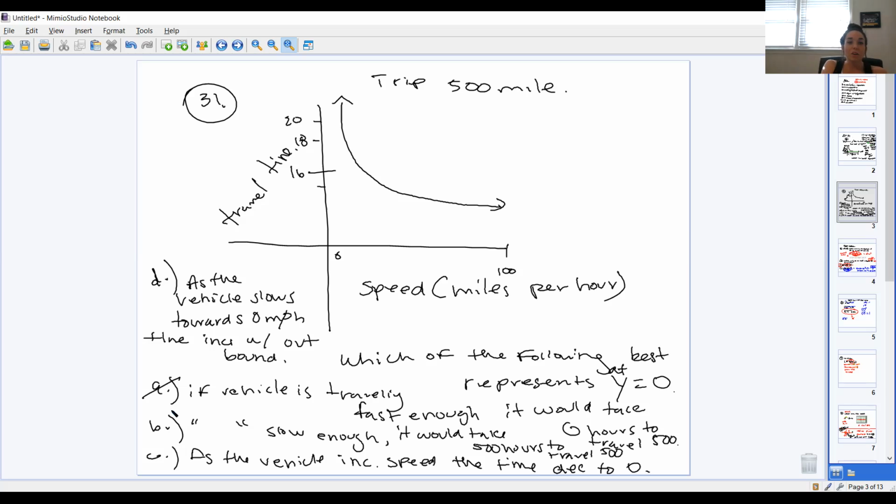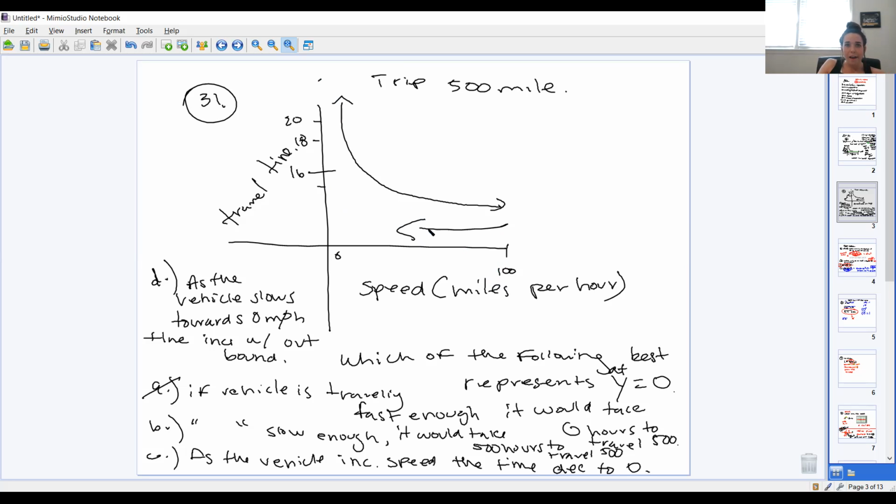As the vehicle slows towards 0 miles per hour, so as you're getting to the place that you need to be, the time increases without bound. Okay, so as you're going to 0 miles per hour, if you're not going anywhere, then it's going to take you forever to get to wherever you're going, right?